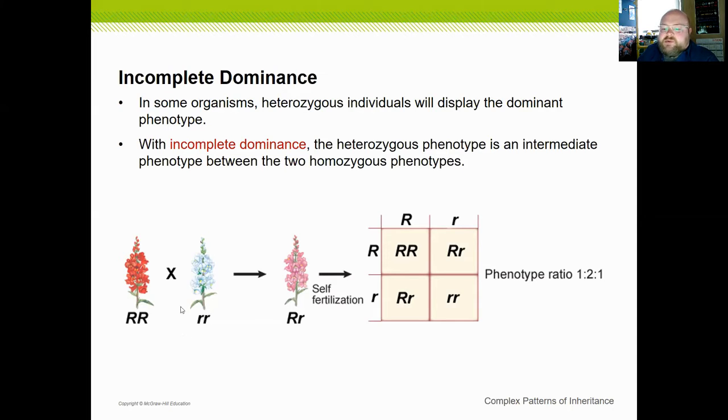You would think, okay, the offspring is going to be either red or white. Well, when the dominance is kind of incomplete, the plant is pink. It doesn't completely show either trait. It shows parts of both traits. And we all know red and white make pink. So that's a good example of incomplete dominance. It doesn't completely show one trait over the other. It incompletely shows both traits.